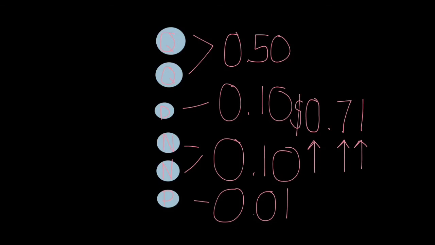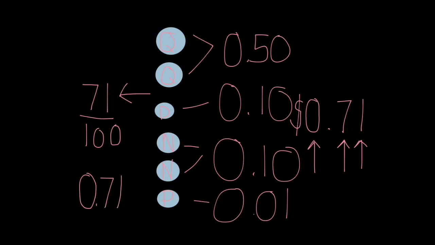Now, when I write that as a fraction, I'm going to write that over here, 71 hundredths. And I know I can't simplify that because 71 is prime. Do you remember that term? I hope you do. 71 is prime, so I'm going to leave it there, and then I'm going to write it as a decimal, which essentially I did over here. I'm just taking out the dollar sign.